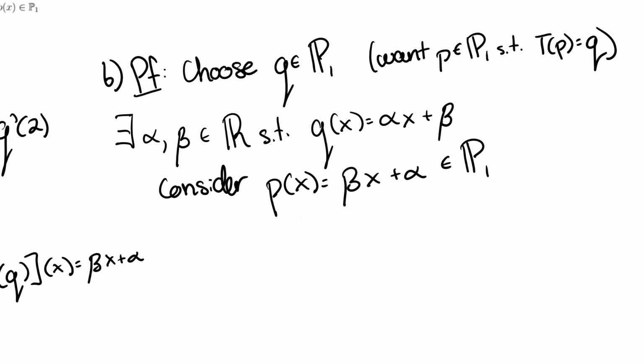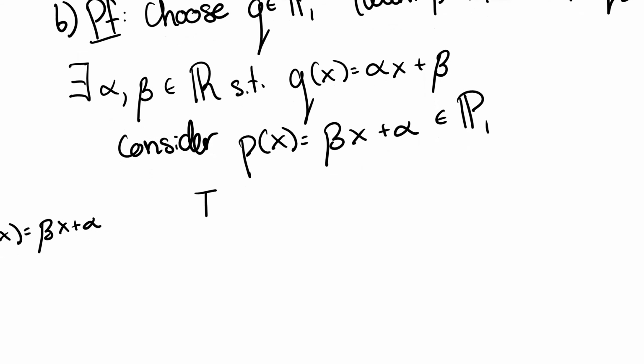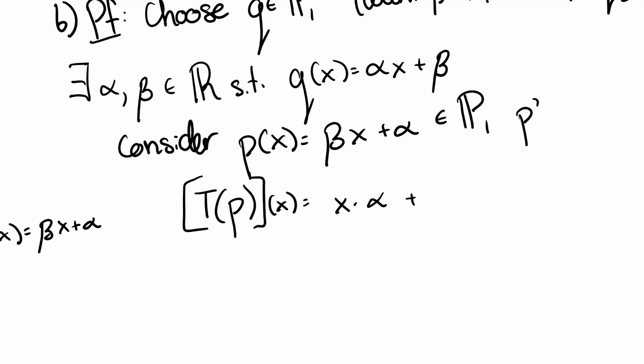Alright, so consider this. Now, take T of P. Oops, sorry. That's not right. There we go. Alright, what do we get? So we get X times P of 0, well that's alpha, plus, so maybe we should even write this out some more. P prime of X equals beta.